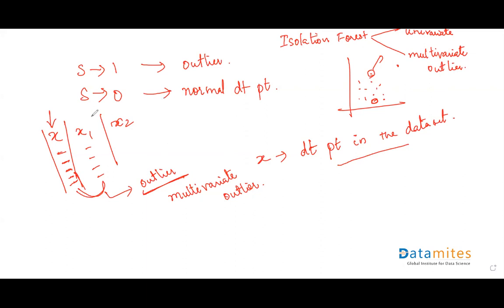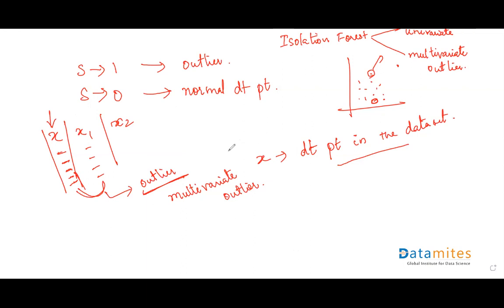So we are not going to calculate the score manually. We have the Python implementation. For that, we have a function in Python which is going to calculate the score and classify the data points as an outlier or a normal data point by giving a score. Is it clear till now?